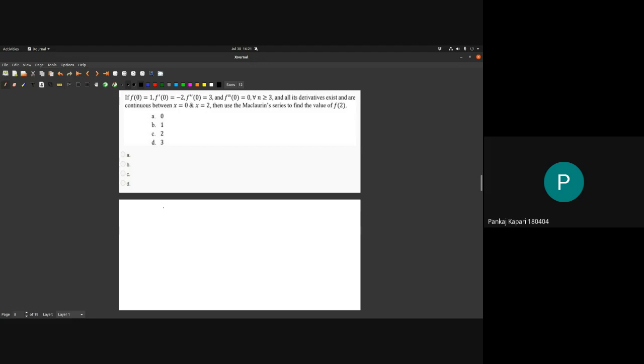Basically polynomials are the simplest functions. So the idea of Taylor's mean value theorem is you want to approximate some function which is n times differentiable with a polynomial.